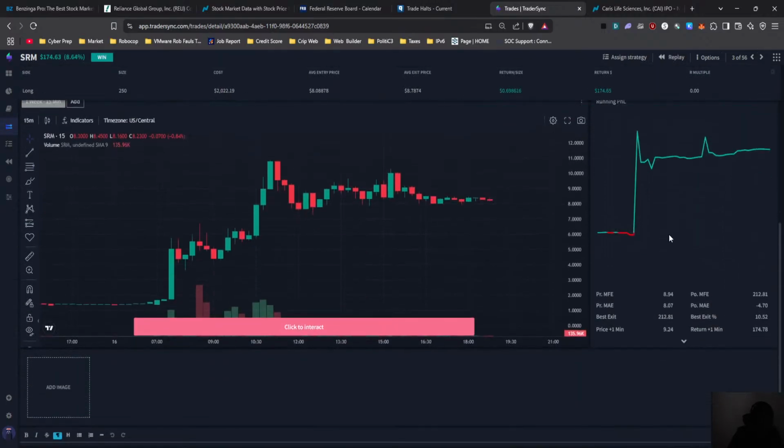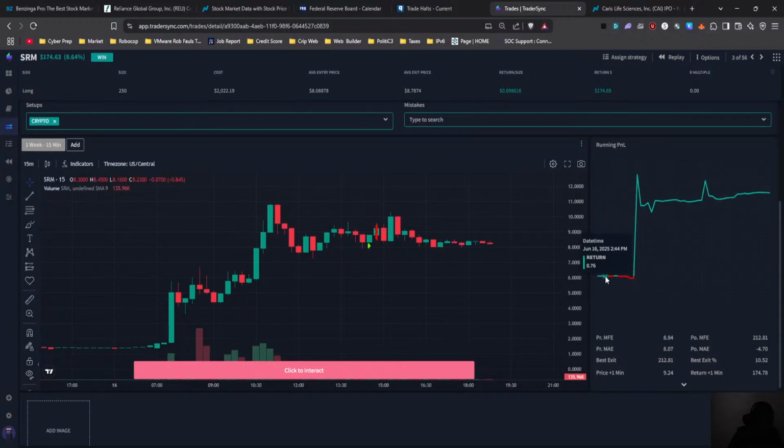You can see my P&L, how it moved. I was red on some of these trades a little bit, 24 cents, and it dropped down to like $4, and then it popped up to 212, and I did not take the 212. It dropped down on me. I kind of held, it went back up to 200, and I ended up selling at 175.